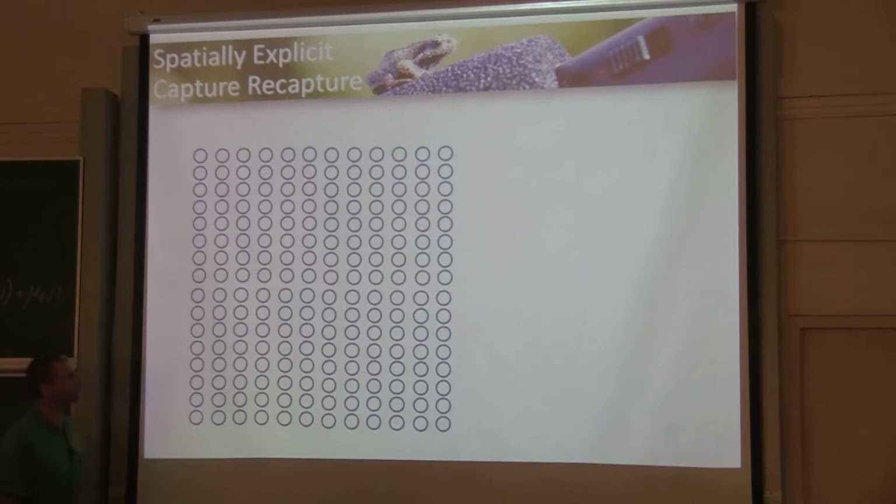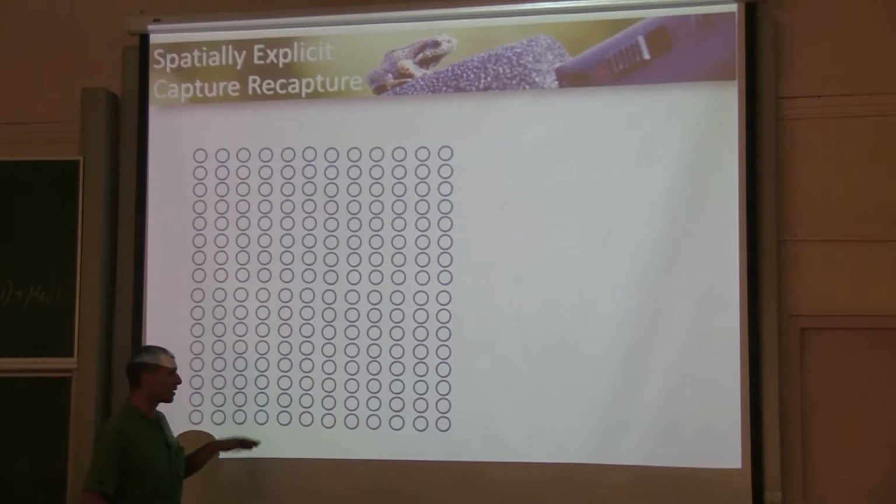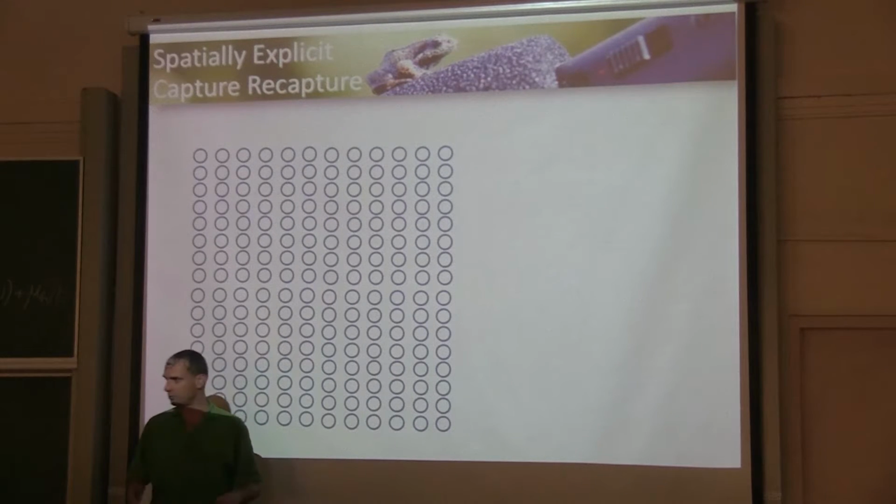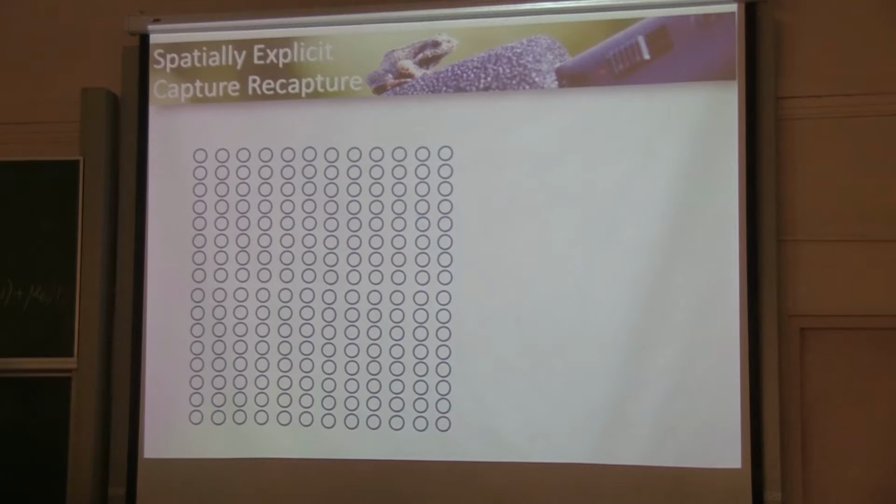But the guy who invented spatially explicit capture-recapture, a man called Murray Efford in New Zealand, was eradicating rats from some of New Zealand's islands. And he put out a regular grid of pitfall traps for the rats or mice. I think sometimes they were mice to fall into. But he noticed that he was also capturing threatened New Zealand skinks.